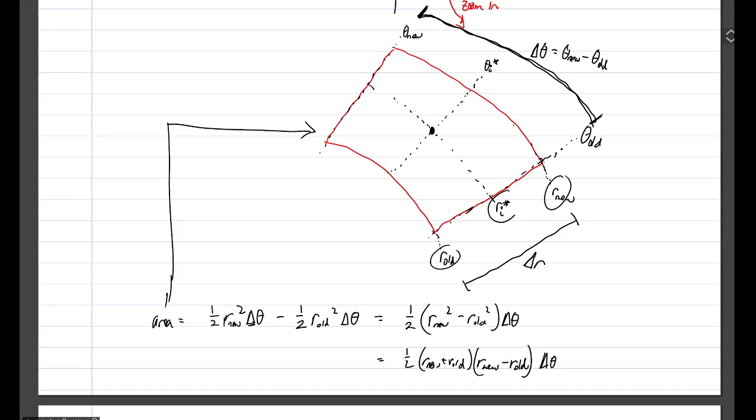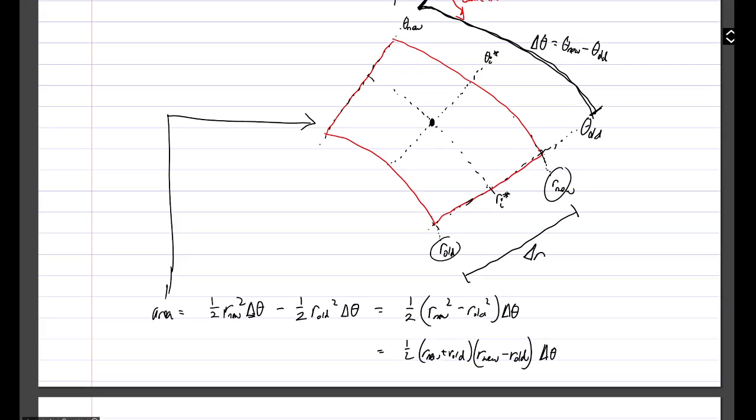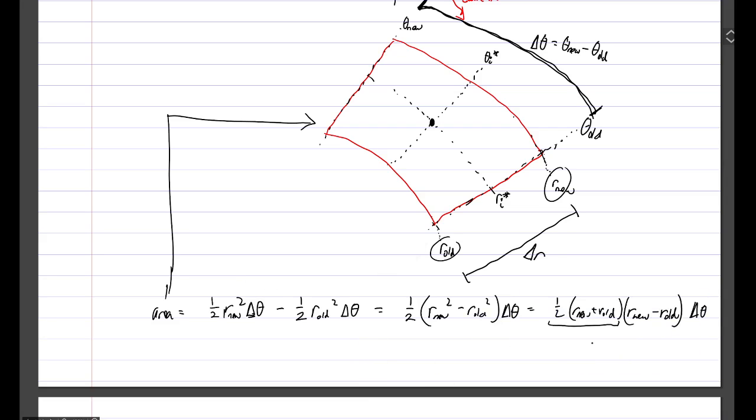So that's actually this R value right here. Let's reorganize this slightly. This first part is just R sub i star, the average of R new and R old.